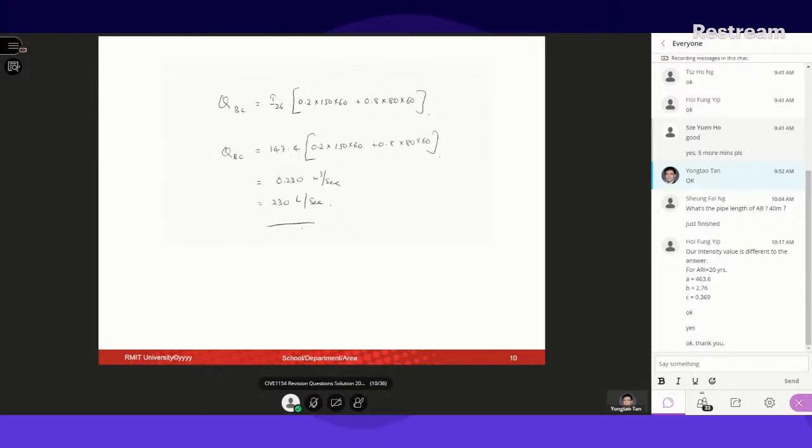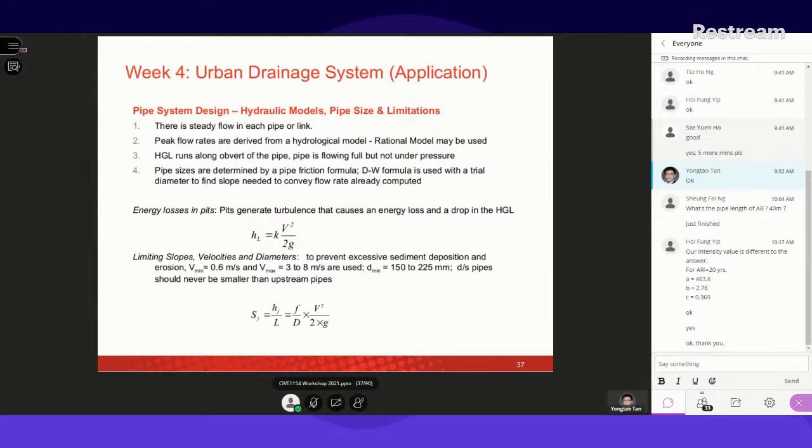So we have introduced the rational method. Next we have week 4. Week 4 is an application of the rational method to urban drainage system design.